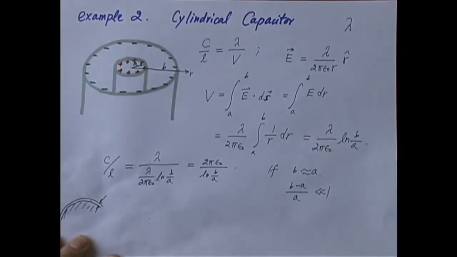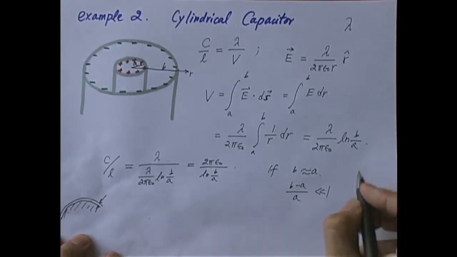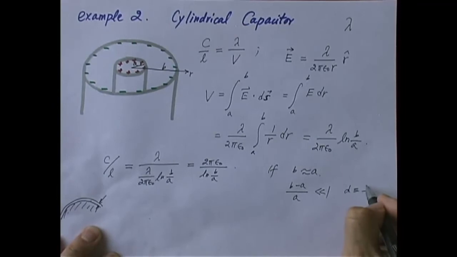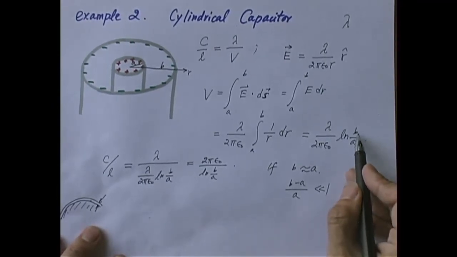Is that so? Well, let's call the distance between B and A, D. So D is defined as B minus A, and then we can write B as A plus D, of course.